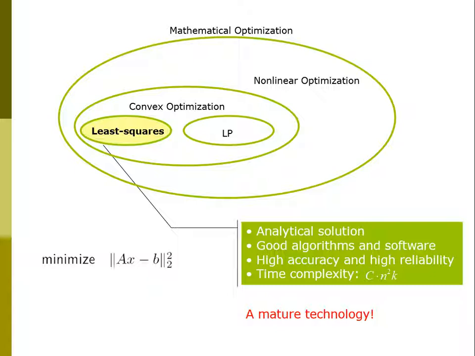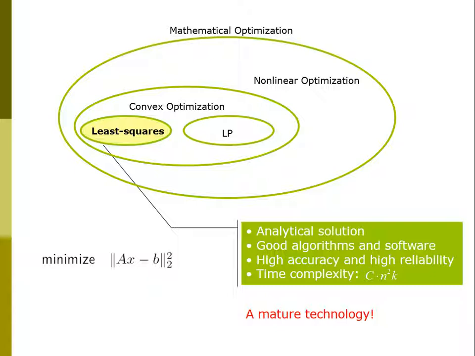A current desktop computer can solve a least squares problem with hundreds of variables and thousands of terms in a few seconds. Algorithms and software for solving problems of this scale are reliable enough for embedded optimization. And actually, this library is open source online.